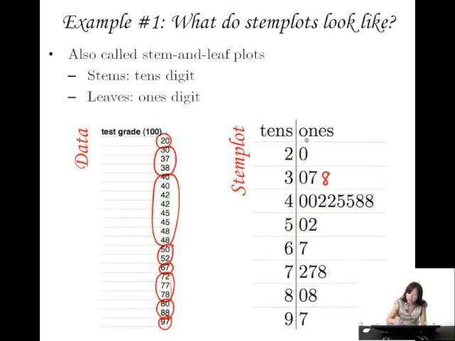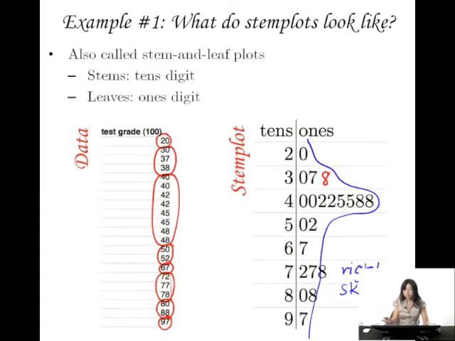And when you look over here, you could see a distribution. And if you imagine tilting this over on the side, you would see that this is a right skewed distribution. All right, so that's what the stem and leaf plot looks like.